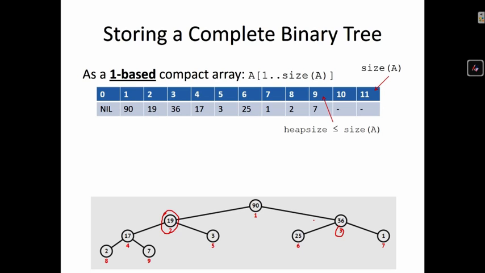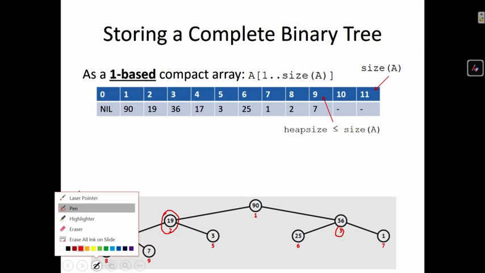That's how you get from current index to parent index. How do I get from the current node or current index to my left child? My index times 2, correct? 2 times 2 gives me 4, 3 times 2 gives me 6, 4 times 2 gives me 8. So that's just times 2. Right child? Times 2 plus 1, correct? So very simple navigation operations.